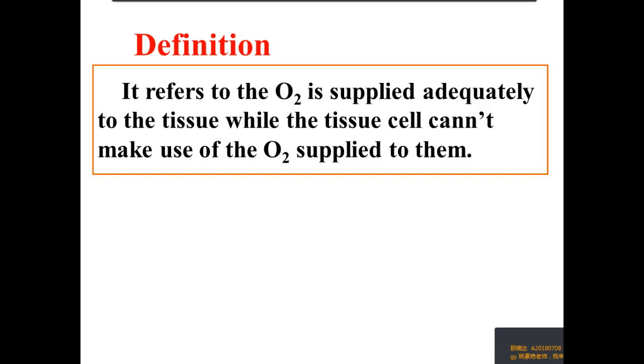Now ketogenous hypoxia utilize oxygen decrease, supply oxygen is normal. Now, so we know characters: arteriovenous difference of oxygen content decrease because utilize decrease. So utilize decrease. So take in oxygen now also decrease. So arteriovenous difference of oxygen content decrease.